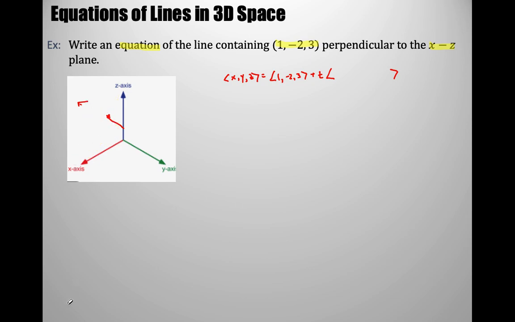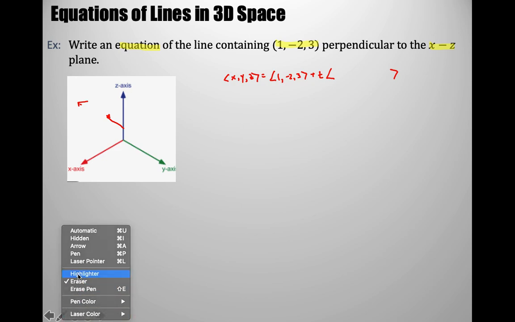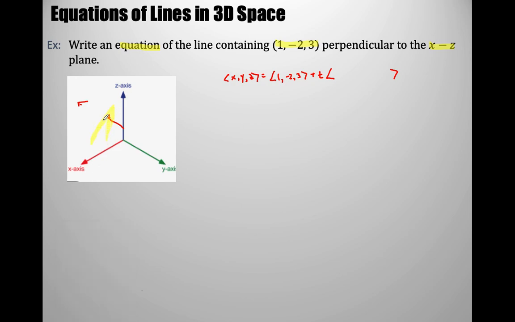Darn it. Draw the wall. Draw a dashed line up here. There, it's a little better. Sorry again, answering the text here.